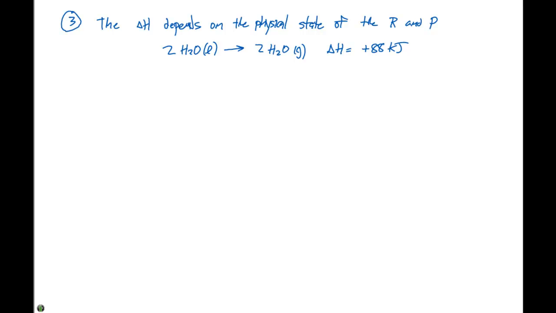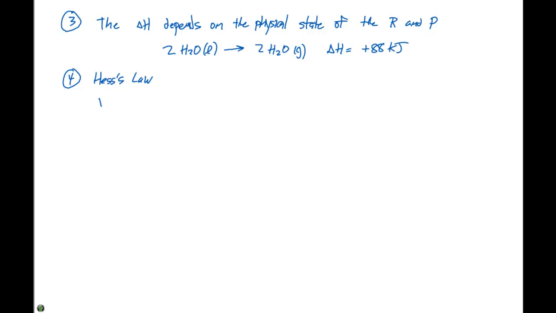The fourth thing that we're going to look at, which is a very, very important relationship, is something called Hess's law. And Hess's law is based upon the fact that delta H is something called a state function.